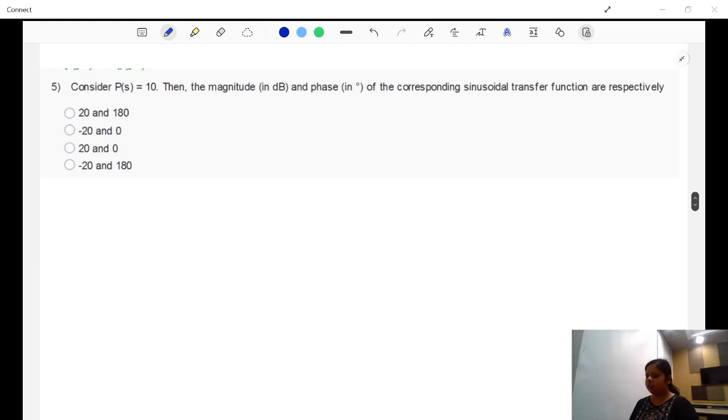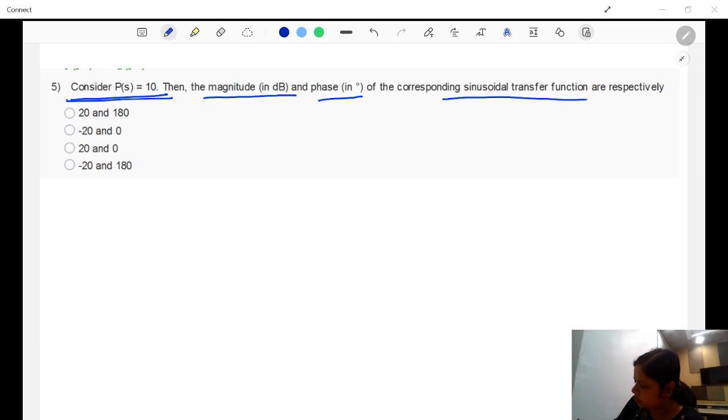Consider P(s) is 10. Let's say our plant transfer function is 10. Then what are the magnitude in dB and phase of the corresponding sinusoidal function? If I want to find out the magnitude, what will I write?